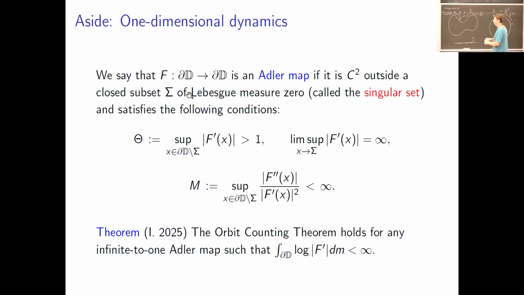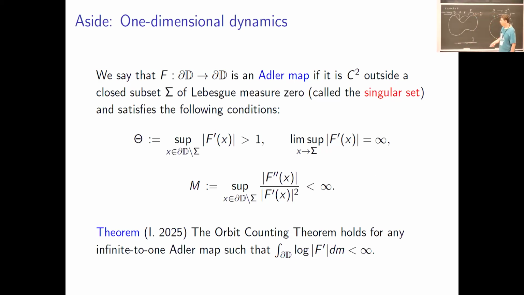The definition is not important, but I'll mention that the Gauss continued fraction map is an Adler map, and it's an example which sort of motivates the general definition. So if you are looking at derivatives and you're not sure what those things mean, don't worry.